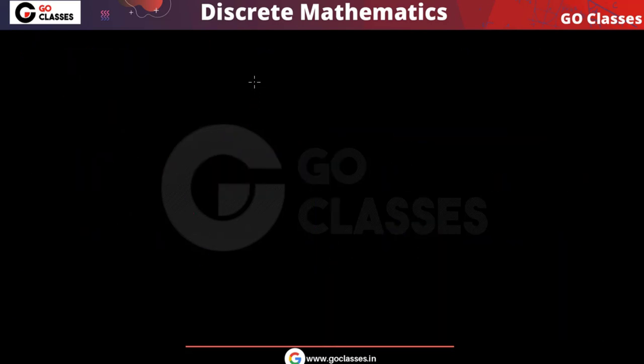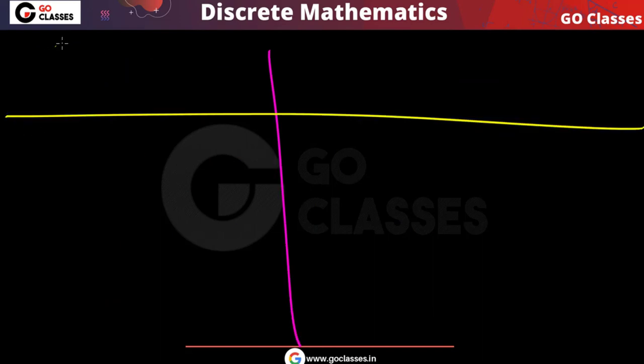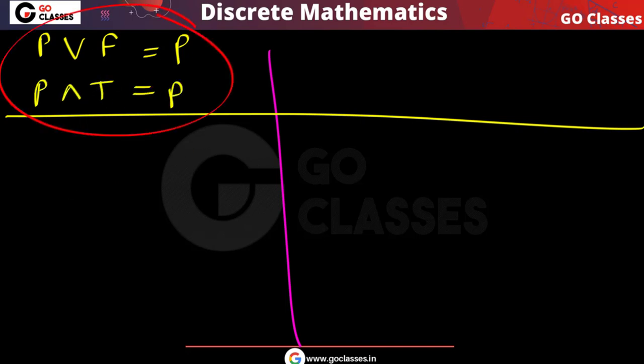Now you can also see these types of rules, one by one. This rule we have seen is the identity law in propositional logic: P or false is P, and similarly P and true is P. We have already seen this identity law.